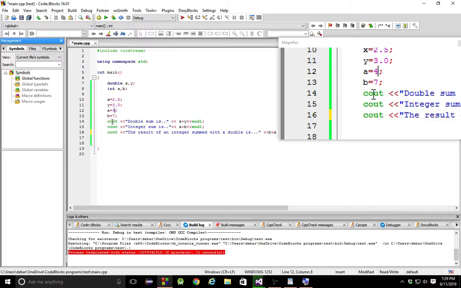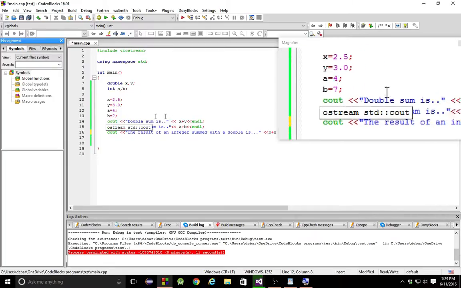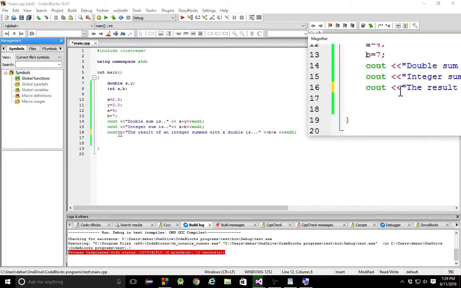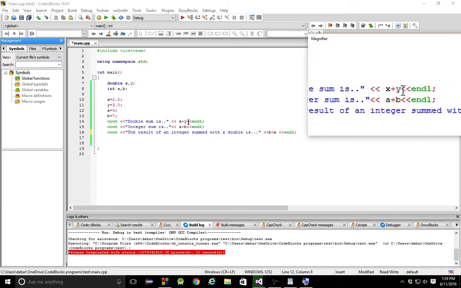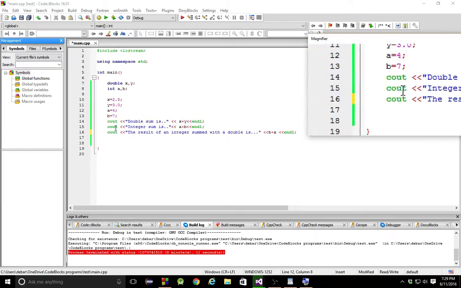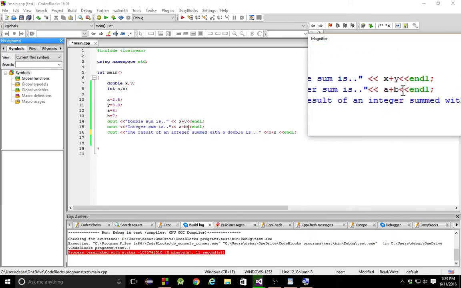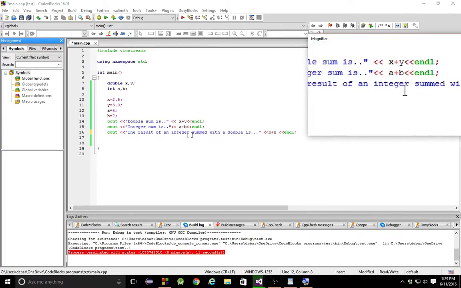Here I wanted to show you what happens when we sum them together. Double sum is x plus y, and then integer sum is the two integer values, a plus b, and then the result of an integer summed with a double.